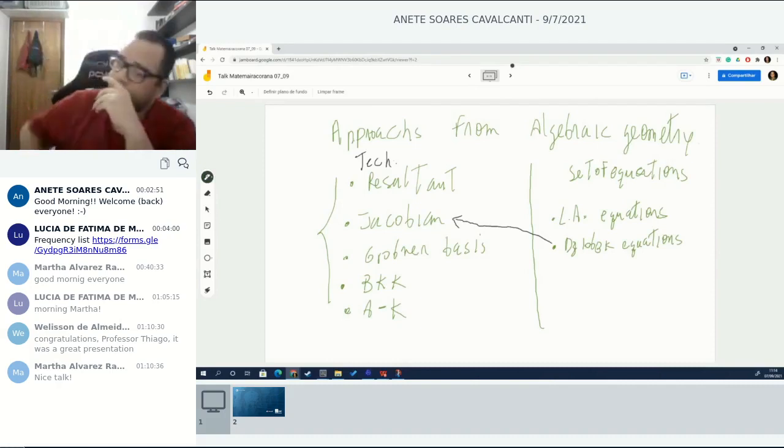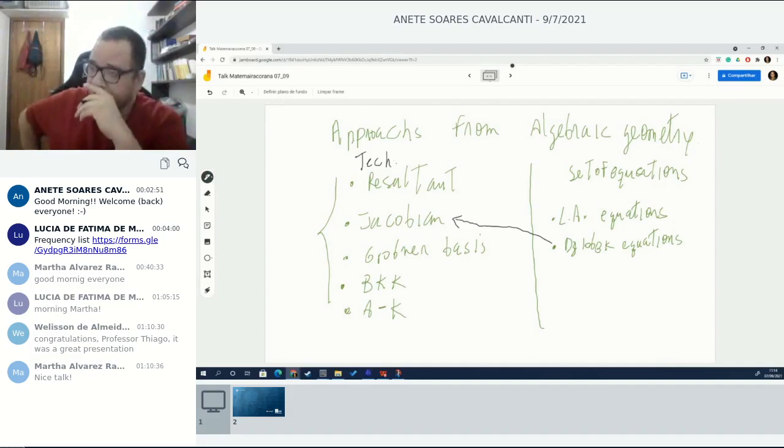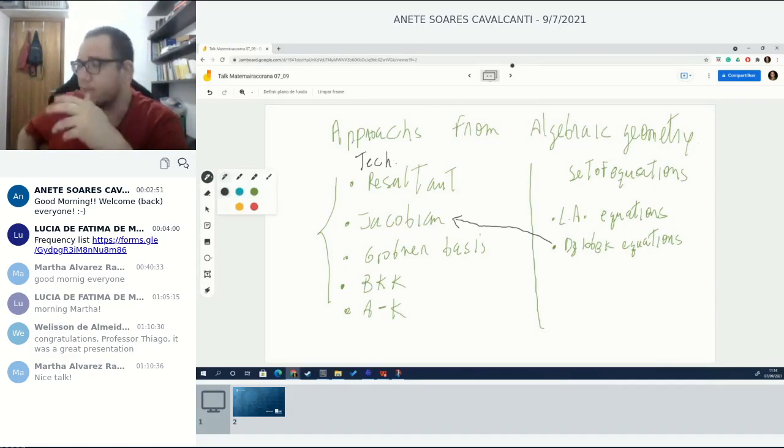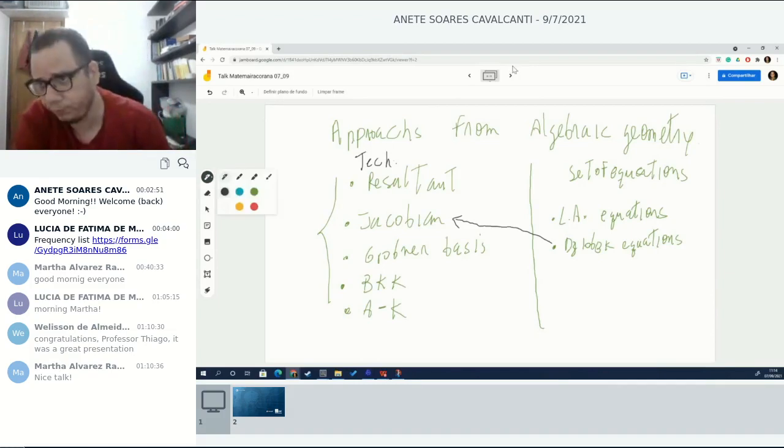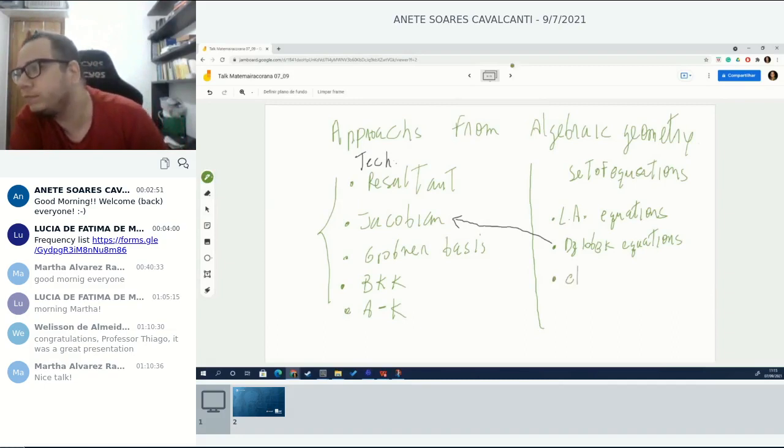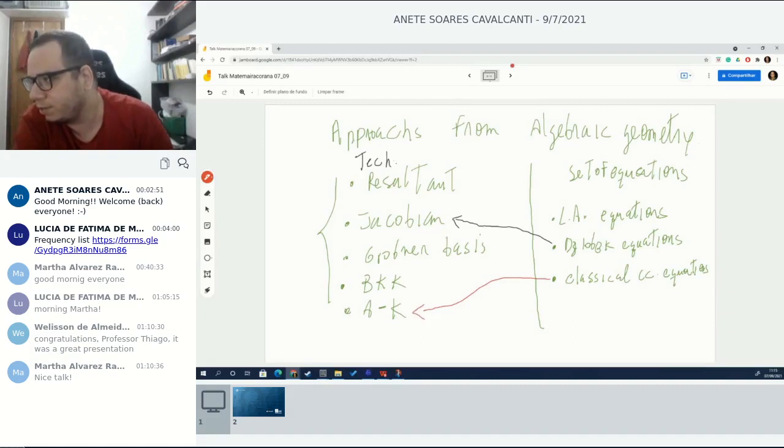The Jacobian technique is the best technique for the Dziobek equations. For example, you have the classical CC equations. And recently, Albouy and Kaloshin used these equations, the classical CC equations, with no modifications.